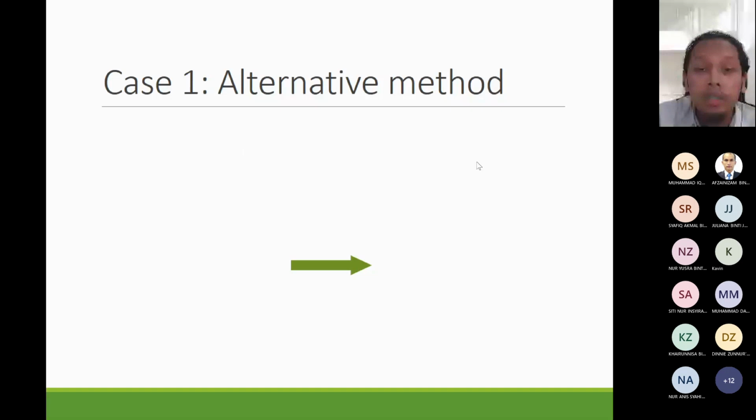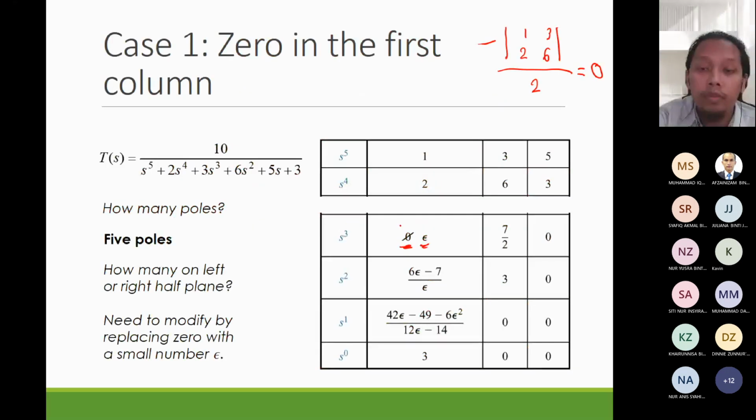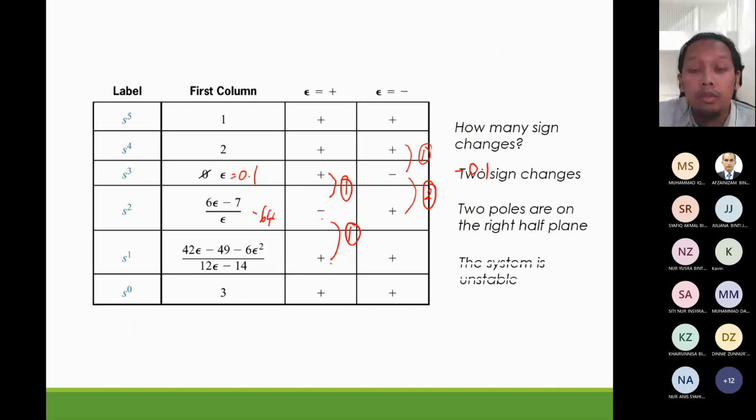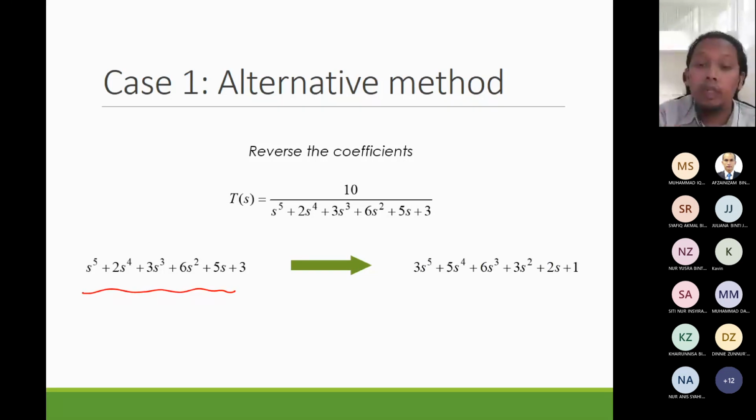After you find 0 in the first column, we know that we need to perform some modification. Instead of applying the symbol epsilon, we reverse the coefficients. How do we reverse it? This is the original denominator. You just reverse the coefficients.